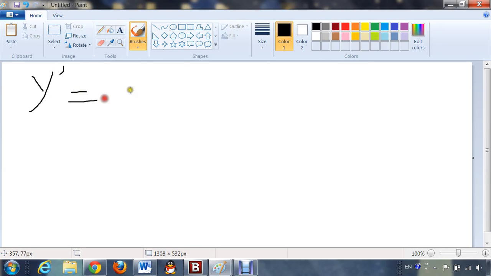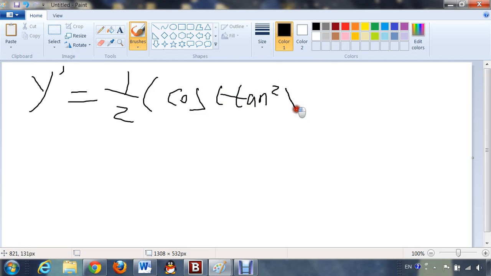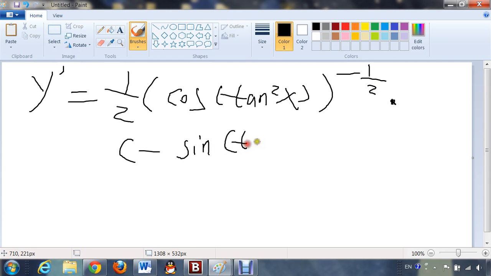The derivative was 1/2 of cosine of tangent square x to the negative 1/2 power, and then we multiply negative sine tangent square x into here.